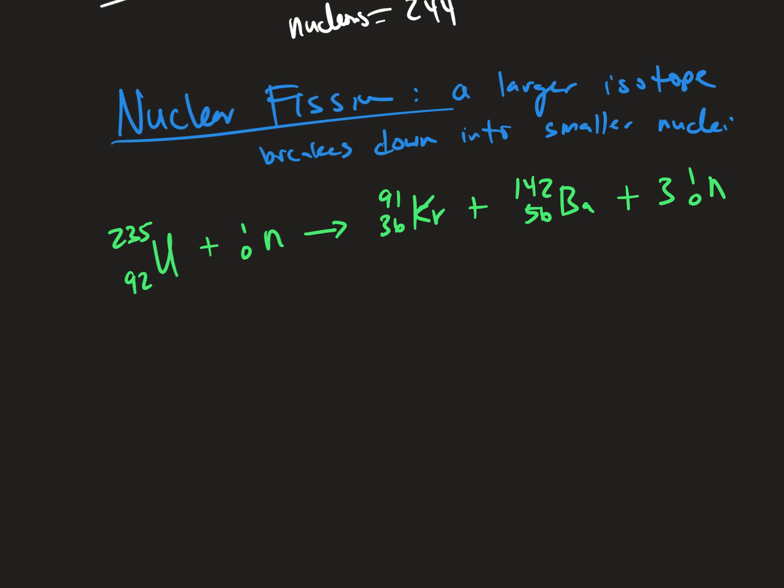So if we draw this little cartoon here, we got this uranium isotope that is fired upon by this high-speed neutron. It splits into two smaller isotopes.